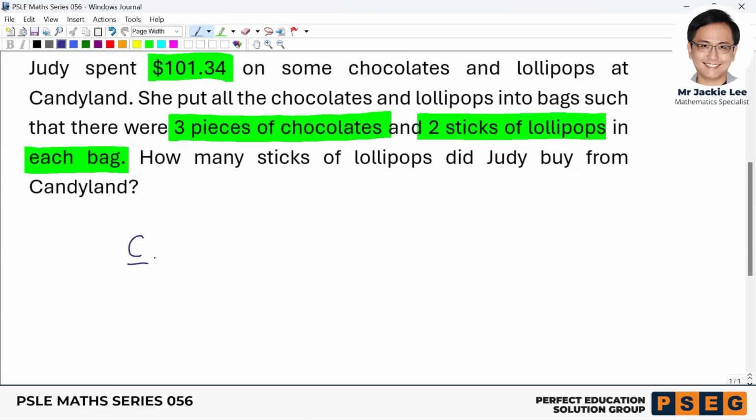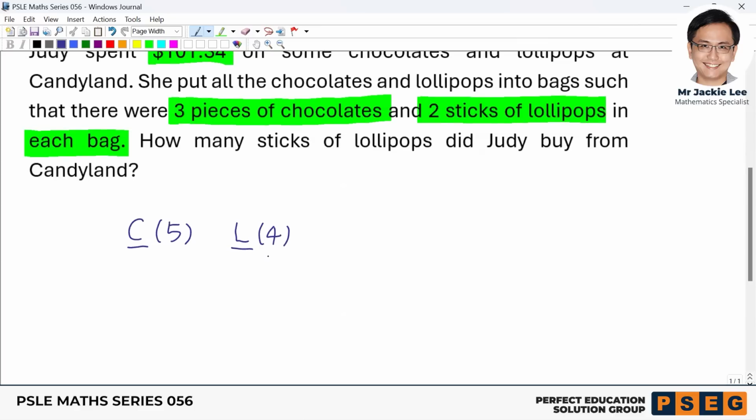Keep in mind that for chocolate, we have to buy 5 pieces every time, and this one will be 4 sticks every time. Meanwhile, these two are in the ratio of 3 to 2, 3 pieces and two sticks.